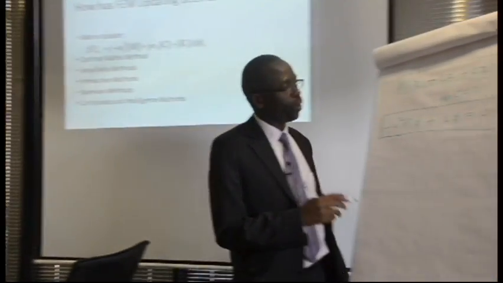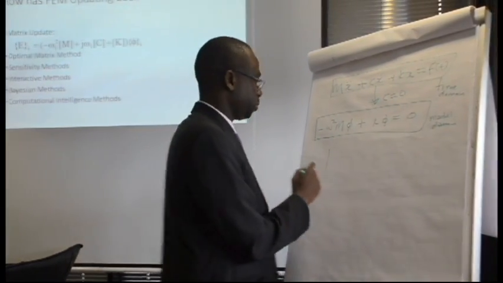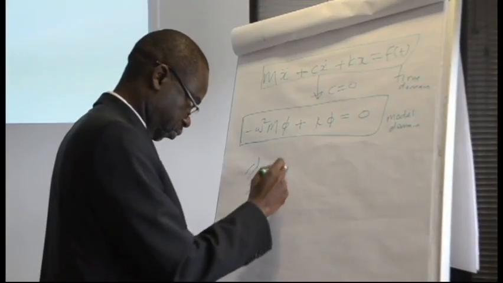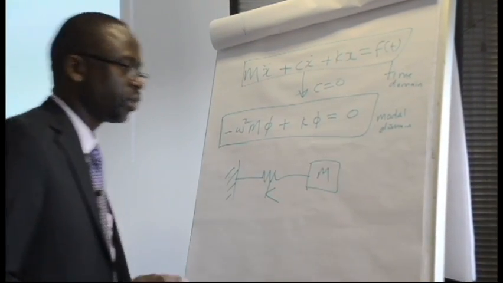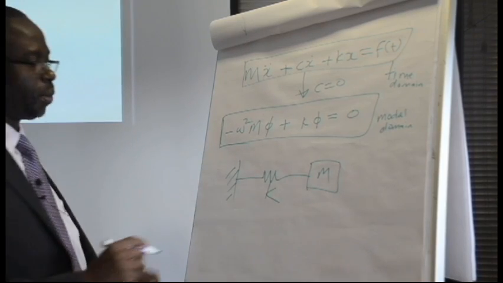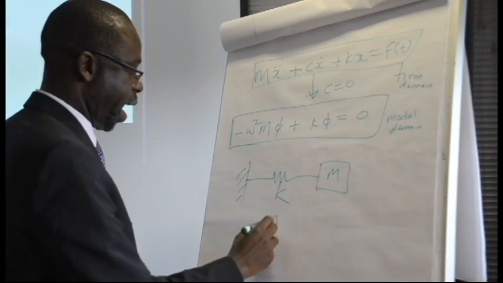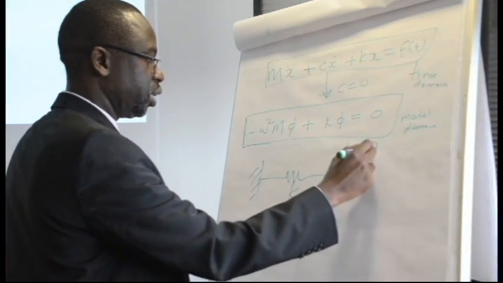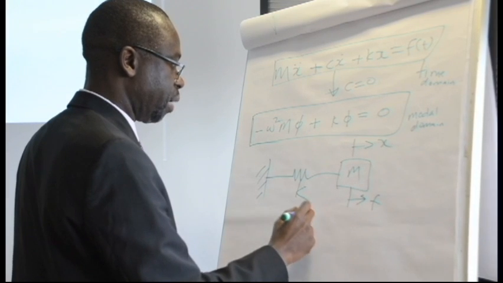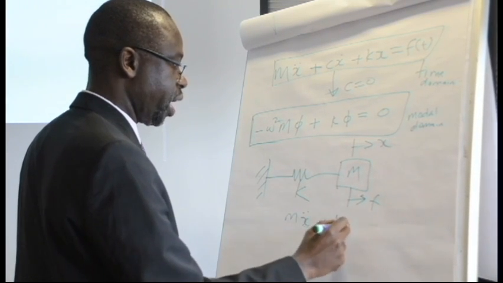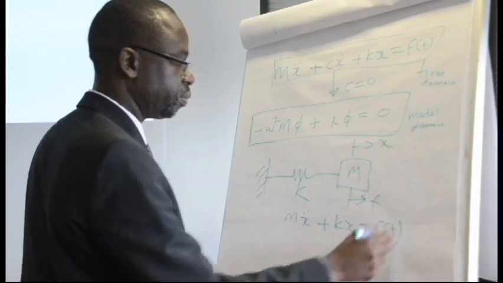For example, we do know that if we have a system with a stiffness k and a mass m, this system can be written as m x double dot plus k x equals f of t.